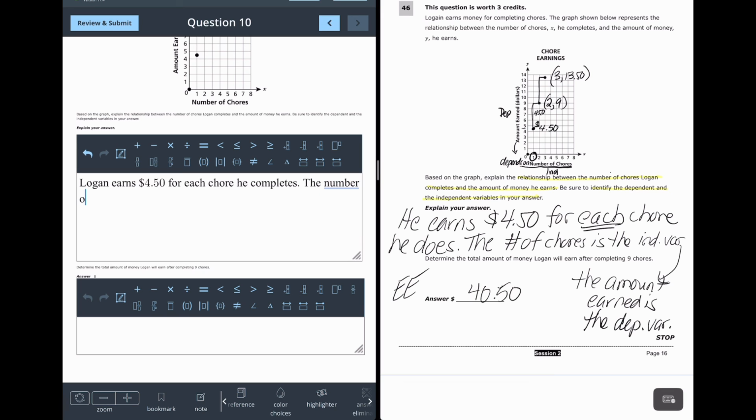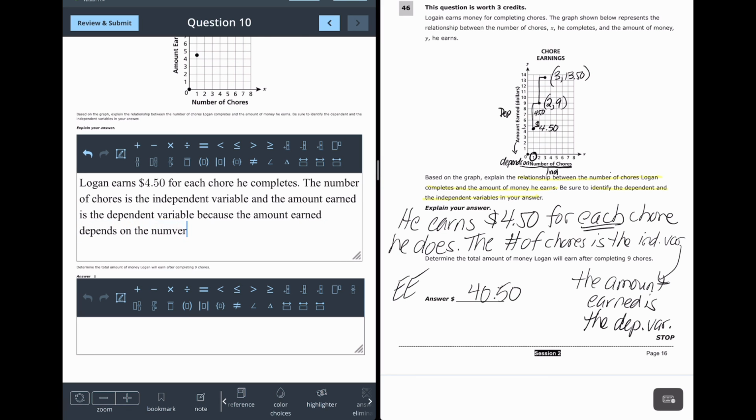The number of chores is the independent variable, and the amount earned is the dependent variable. I'm even going to put a because in here, because the amount earned depends on the number of chores.